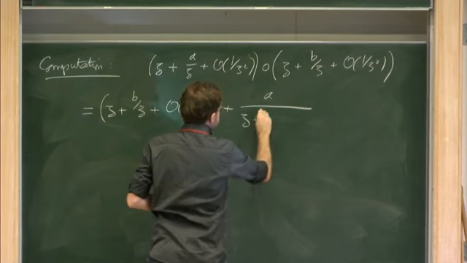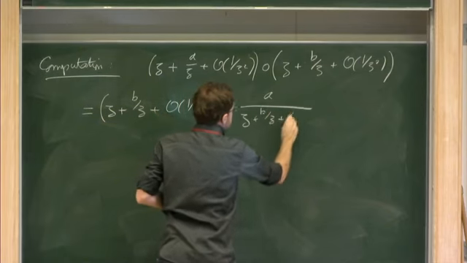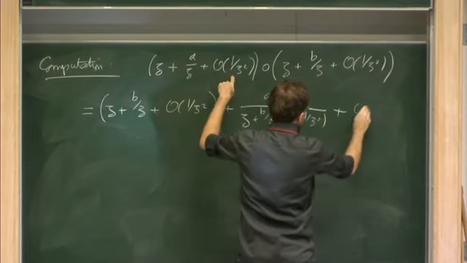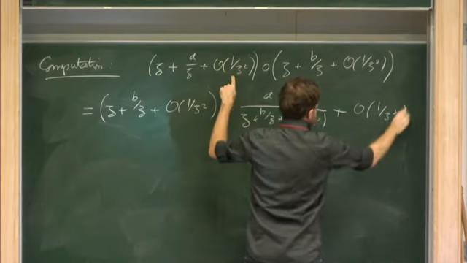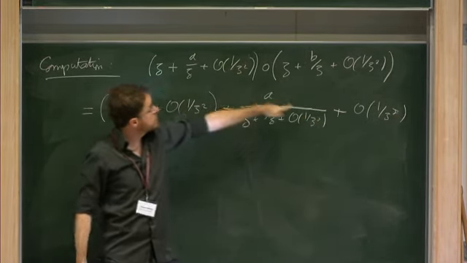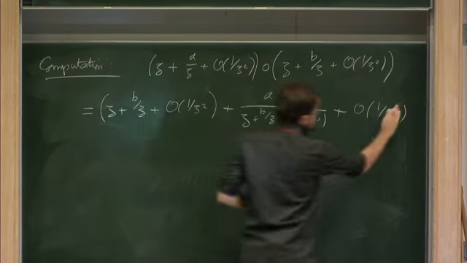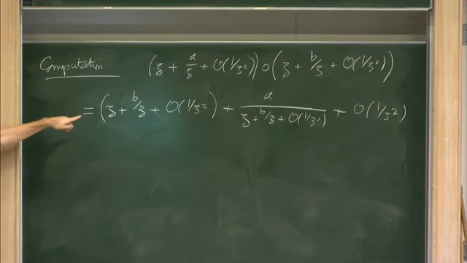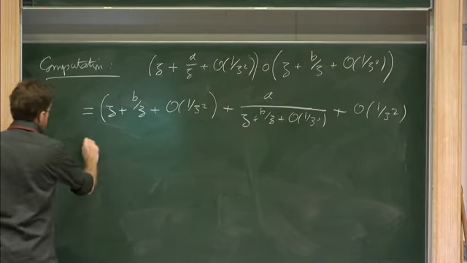This is of order z, so if you plug it in the big O, you still get something like 1 over z squared. Then you expand everything to get a nice expansion.